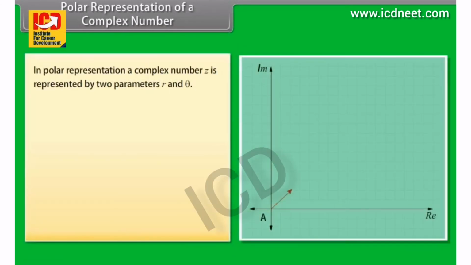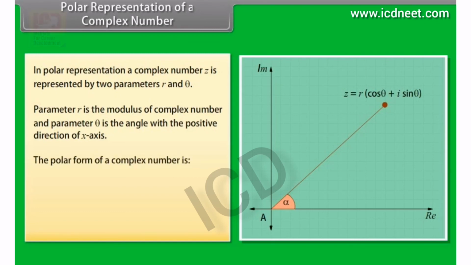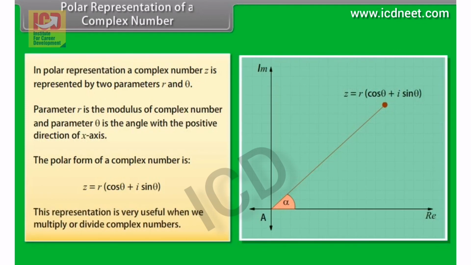In polar representation, a complex number z is represented by two parameters, r and theta. Parameter r is the modulus of the complex number, and parameter theta is the angle with the positive direction of the x-axis. The polar form of a complex number is z is equal to r into cos theta plus iota sin theta. This representation is very useful when we multiply or divide complex numbers.